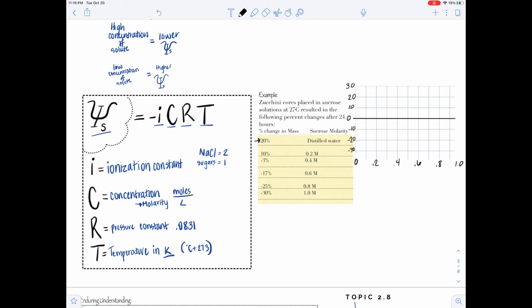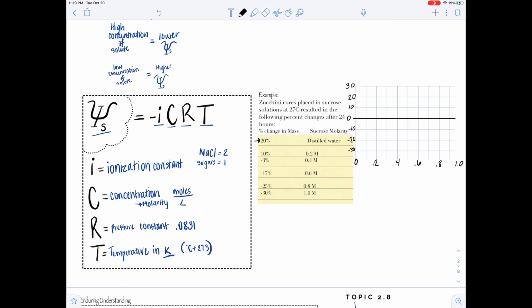Now, when we measure the mass after the 24 hours, we're going to see whether water entered or left that core. So you're going to be able to use those percentage changes in the mass and compare the different molarities you used in your experiment.